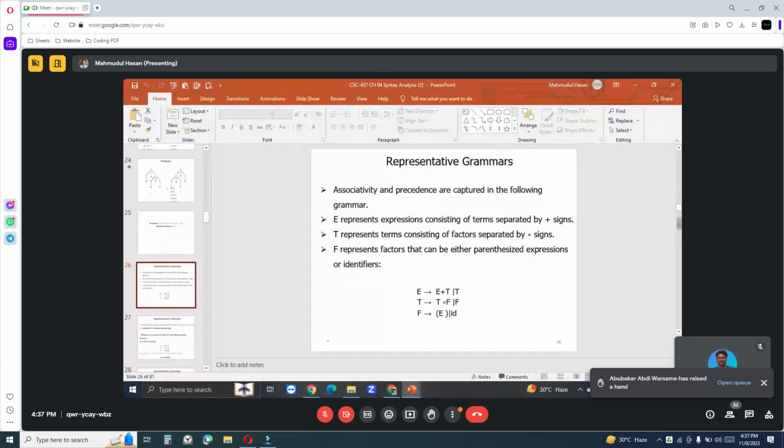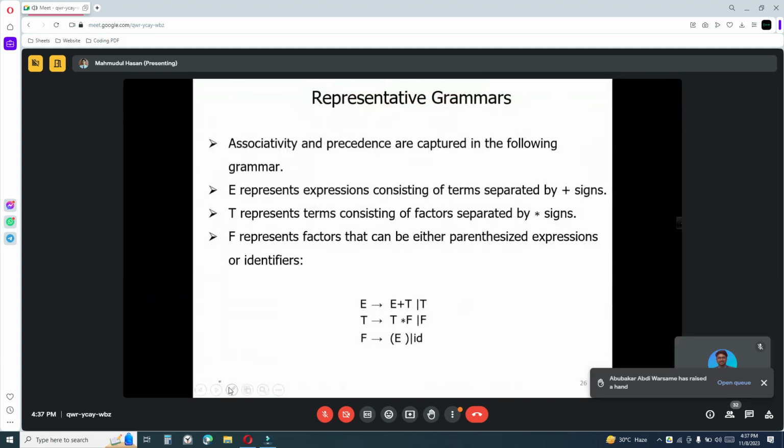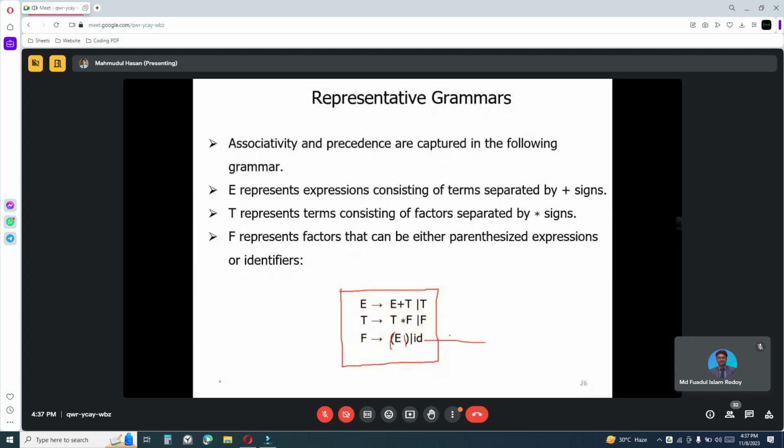So what is the representation of grammar? Actually, look at the grammar. Your grammar also maintains precedence and associativity. We know that the first bracket has the highest precedence, that's why it is at the lower level. Then multiplication, then plus.